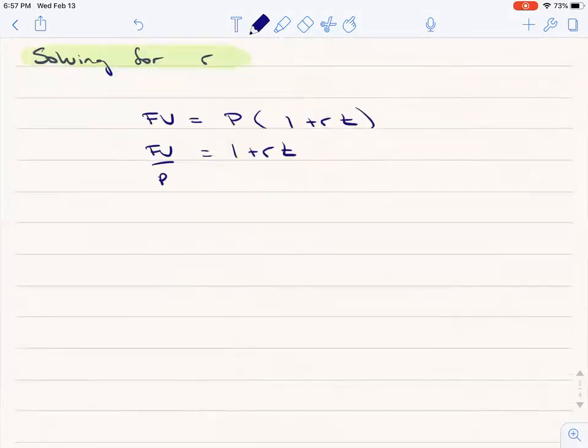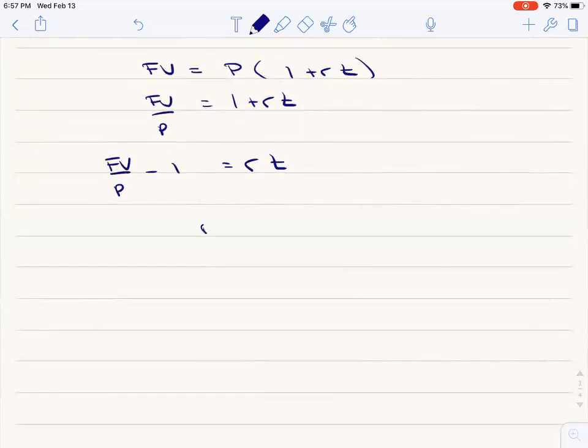Then I can subtract 1 from both sides, so I get the future value over P minus 1 is R times T. Solving for R, we get the future value over P minus 1, all over T.